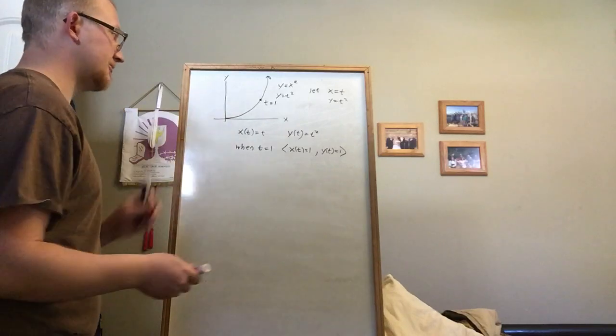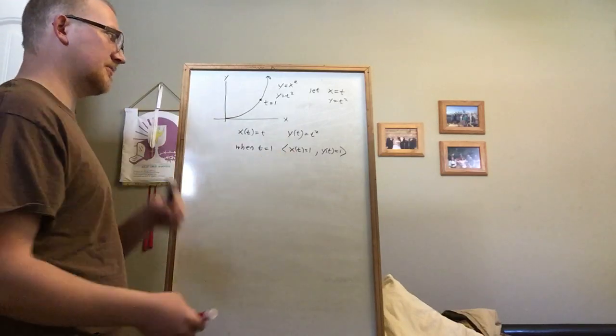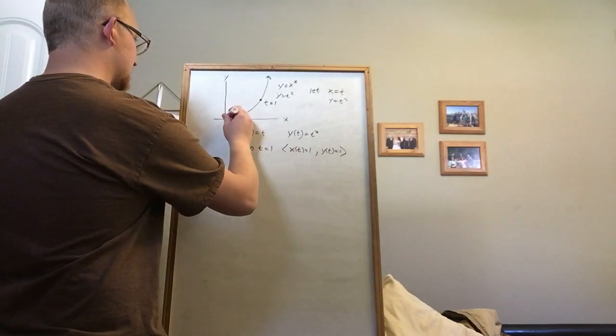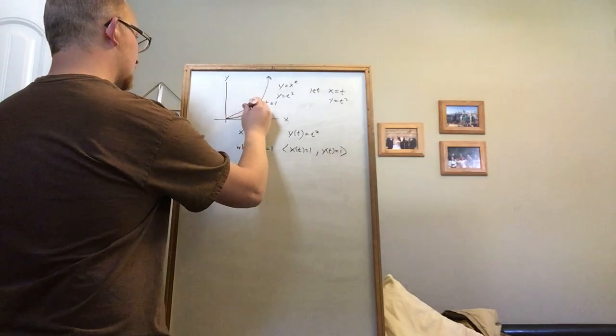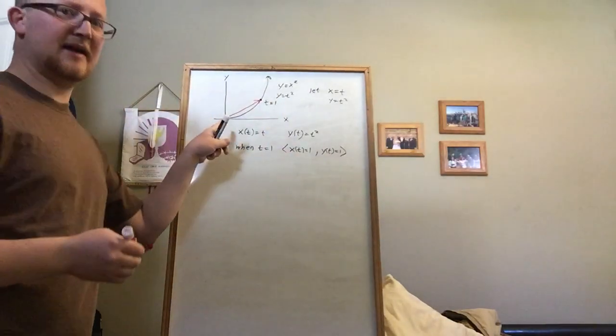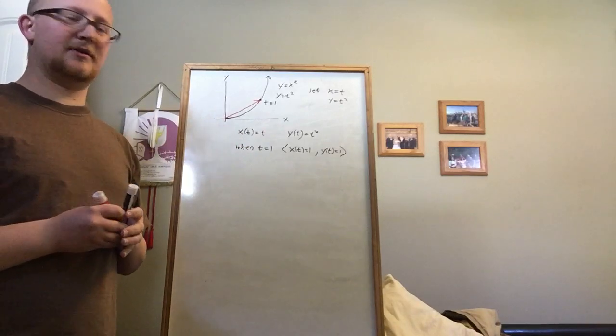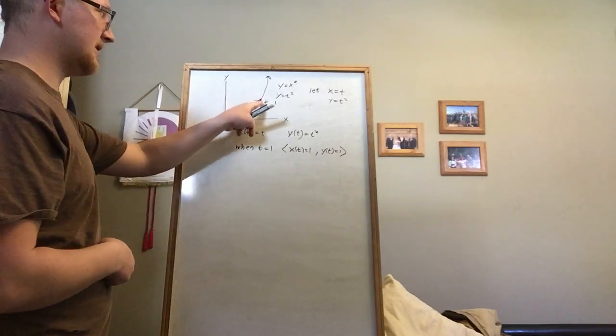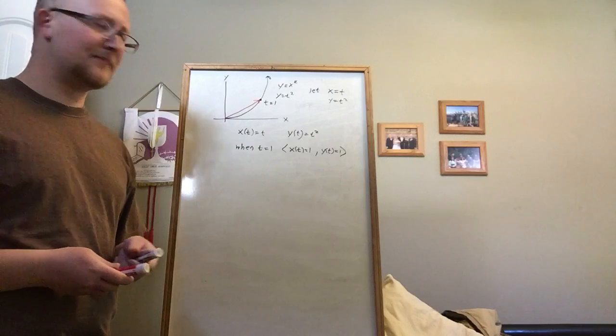But what we really want to imagine when we're talking about a vector parametric equation is that there is a line from the origin of our Cartesian coordinates that is pointing towards where we're at now.